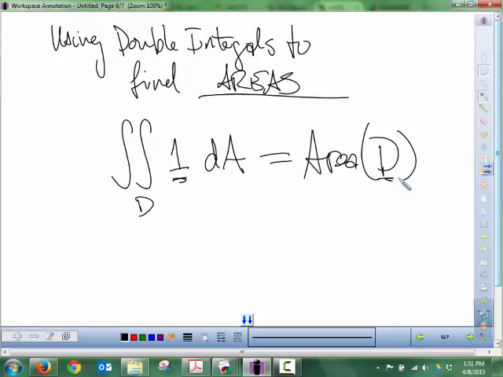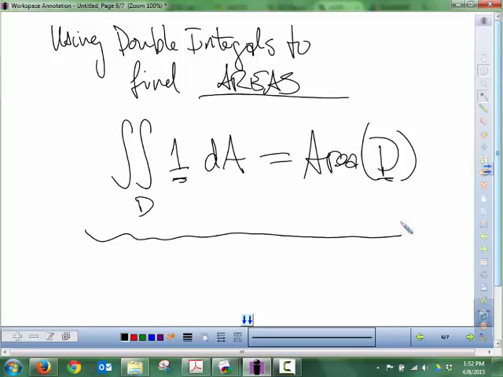So technically your units are cubic meters or cubic length, but the numerical value that you get out of that is the same as the area, because it's just an area with height 1. Okay? So this is another interesting application for the double integrals. We think of double integrals as finding volumes of something, but you can also think of it as finding areas.